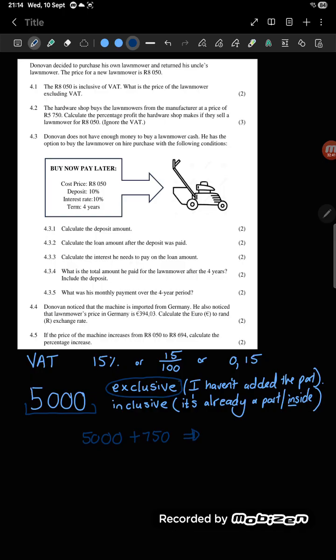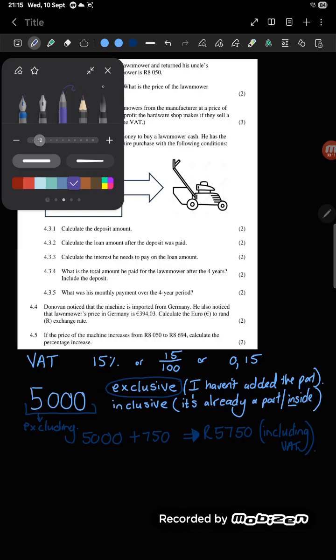So what I sell it for at the shops is going to be 5,750 Rand. And that is now including the VAT, which is value added tax. It's now including, but this amount is excluding it.